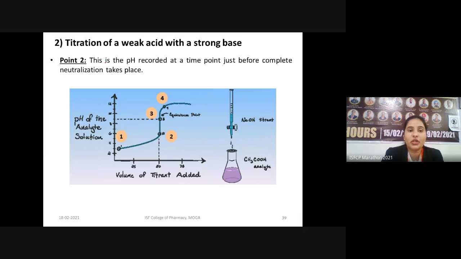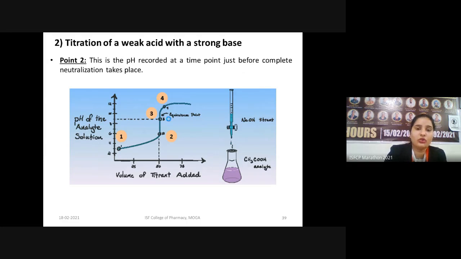This is as we have discussed in the previous curve of strong acid with strong base. Point number 2 is a point recorded at a time just before the complete neutralization takes place. This is point number 2.